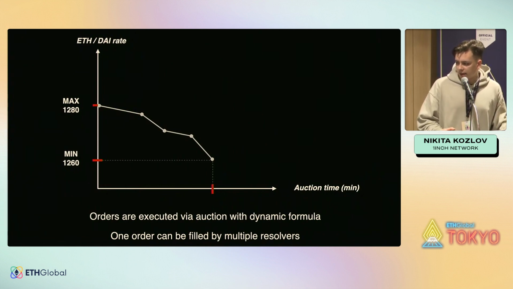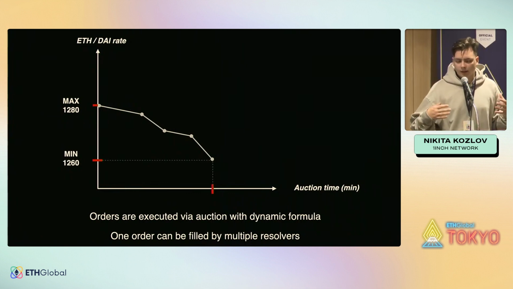I just want to say that we do have right now a more dynamic formula for each pair on each front end. So it depends on which token you are selling and which token you are buying. The price formula can differ. For example, on Ethereum direct rate, in the beginning when you make an order in a price auction, the price is going down not that fast.